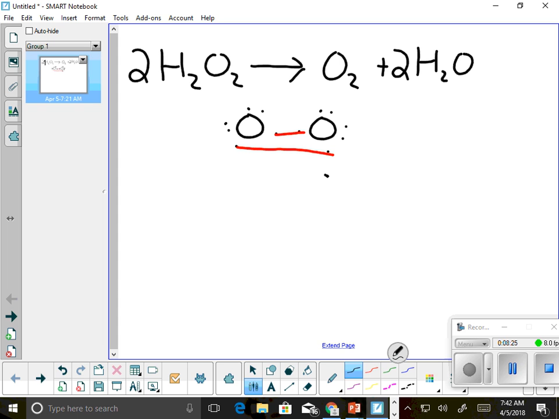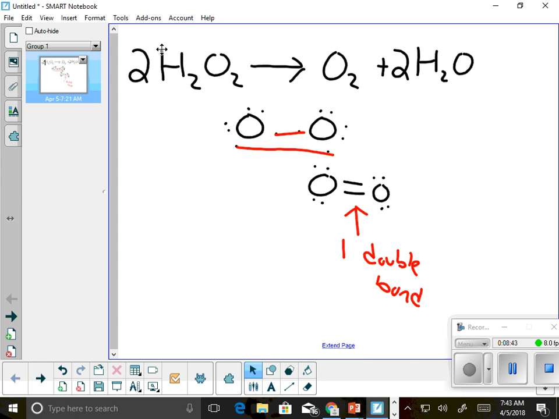So in other words, the Lewis dot for oxygen is O double bonded to O. When we are counting our types of bonds, this is 1 double bond. Some students get confused and call this 2 single bonds, but it's a different value for the 1 double bond.